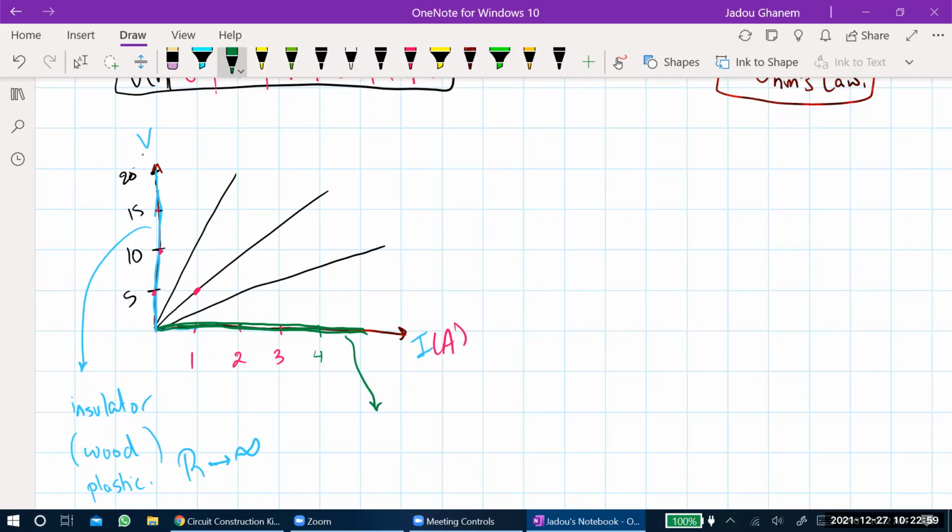So for such a graph, the resistance is approximately 0. This is a total conductor. It allows the flow of current even though there is no high voltage. Is that clear? So if we want to take a conclusion, as much as we go in this way, the resistance will be decreasing.